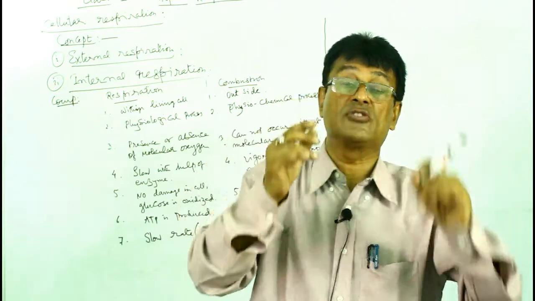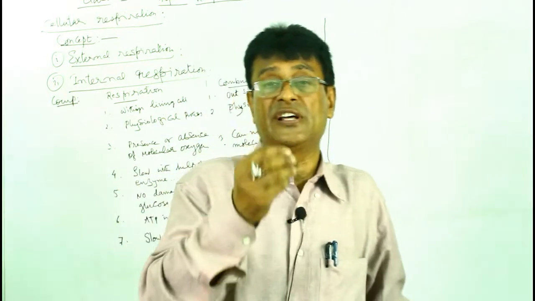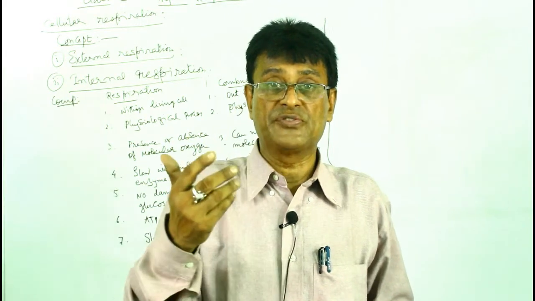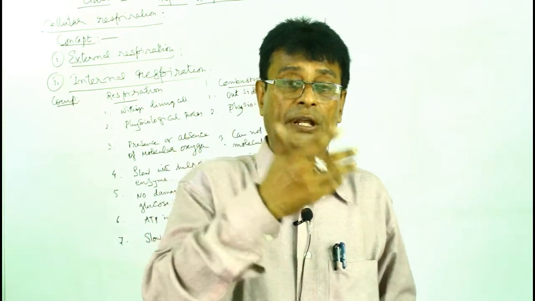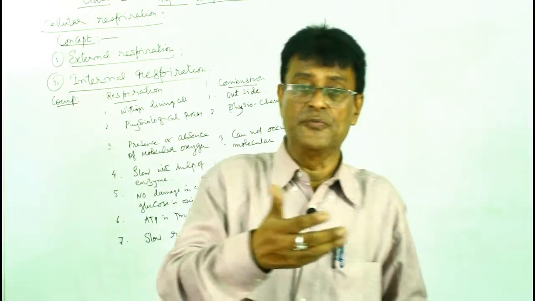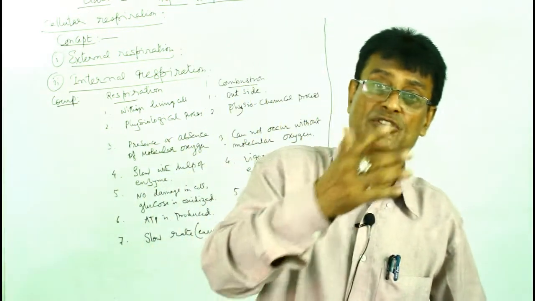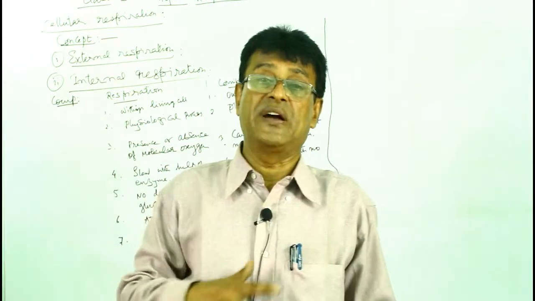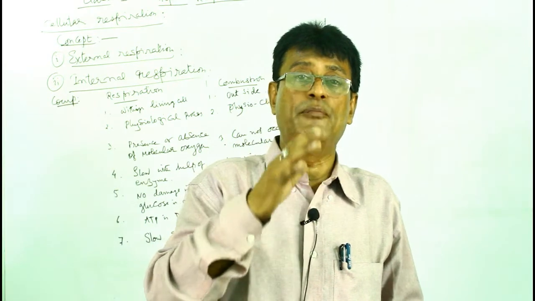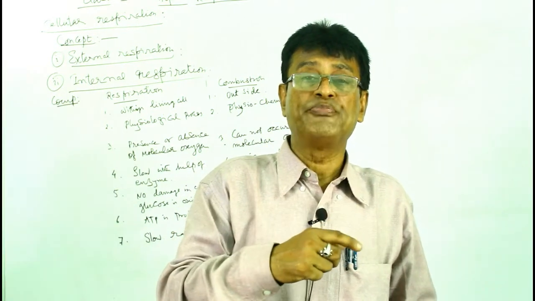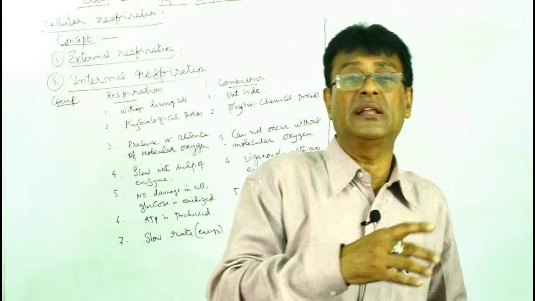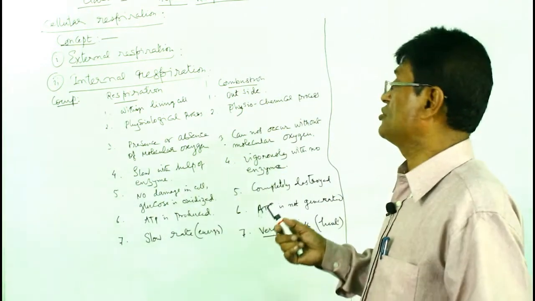In this powerhouse of the cell, they convert the raw materials, that is oxyhemoglobin, which is produced in the lung along with the blood and the digested food materials, and that has been carried to different cells. In mitochondria, that has been broken into ATP, the energy coin.